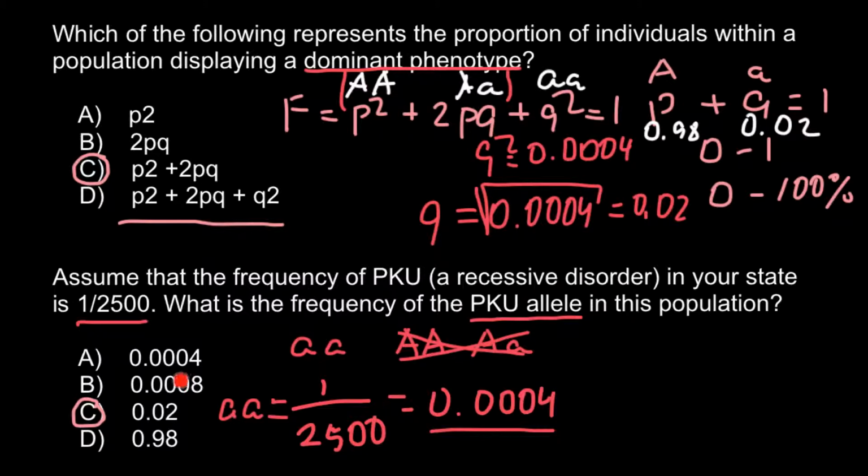But because our answer is given on the scale between 0 and 1, this is going to be our answer. You also have to remember that answers here can be given in percentage form. So instead of 0.02, you may have an answer as 2%, and this is also going to be a correct answer. So you have to know it.